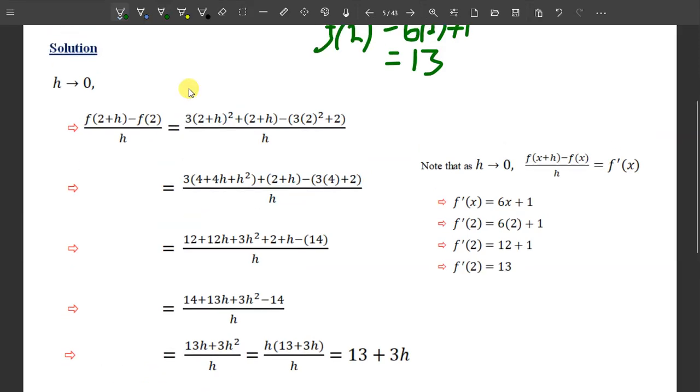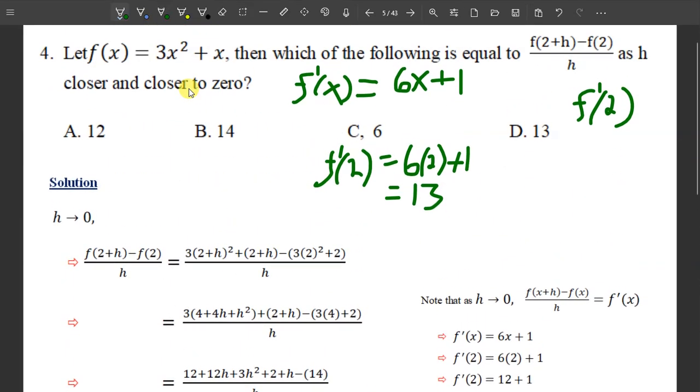Since f of x is 3x squared plus x, f of 2 plus h is equal to 3 times (2 plus h) squared plus (2 plus h), replacing x by 2 plus h, minus the whole thing, put it in brackets.